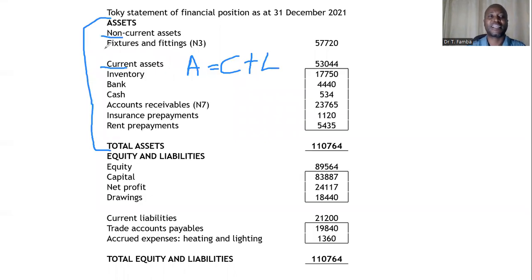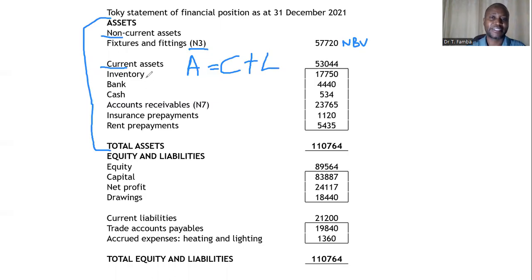So our non-current assets in this case, we have one item and we've computed the net book value. So this is the net book value. So we have computed it under note 3. So after that, we have current assets.